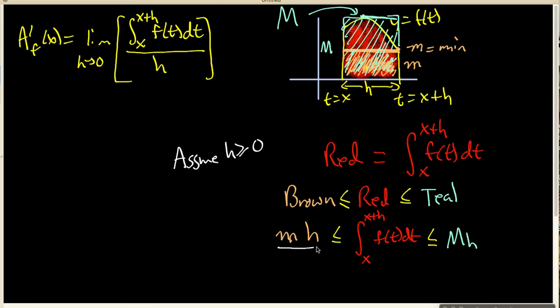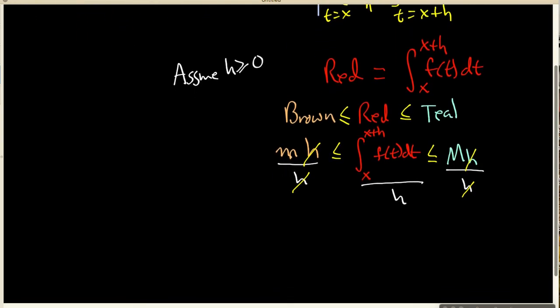So when I do that, I can divide this inequality by h, and the direction of the inequality signs doesn't change. And now what happens? Well, these h's divide out, and those h's divide out, and we get an important idea.